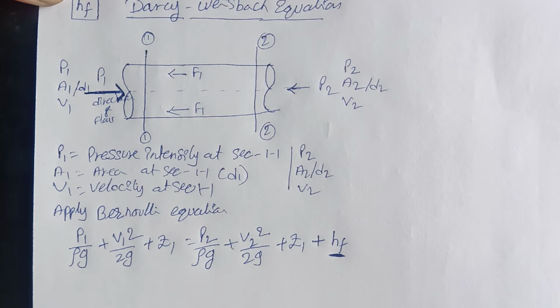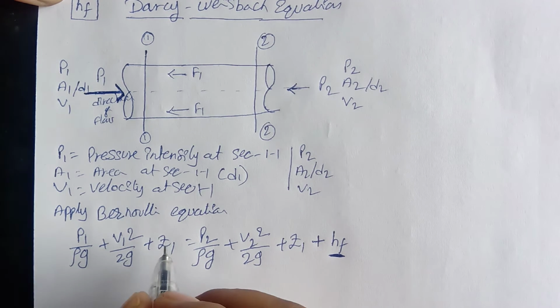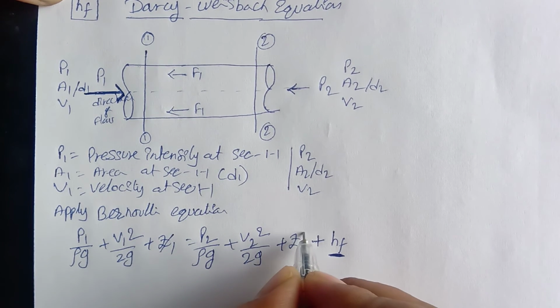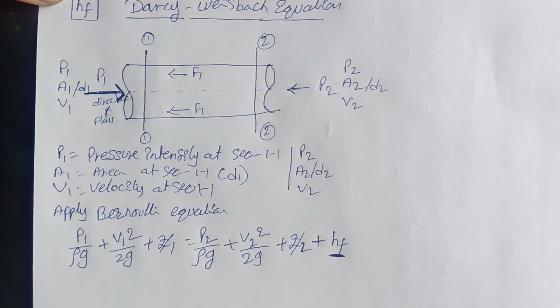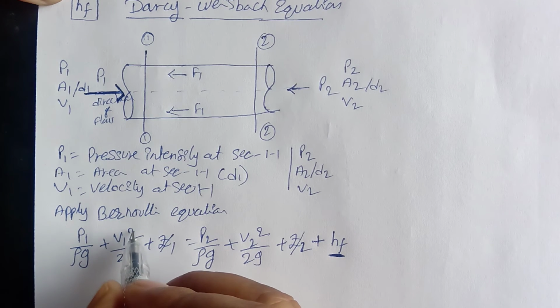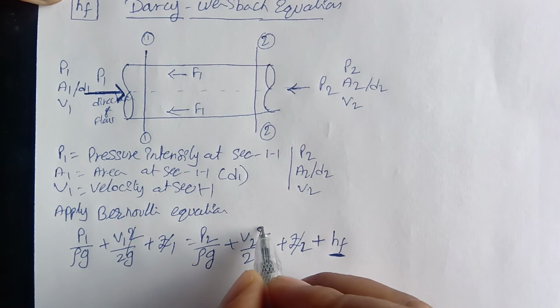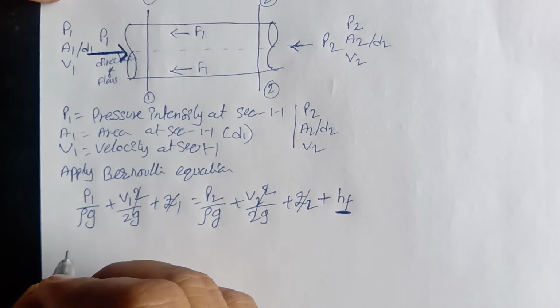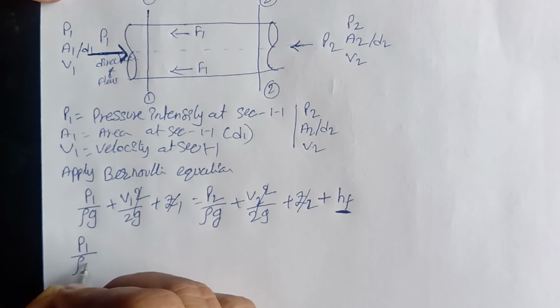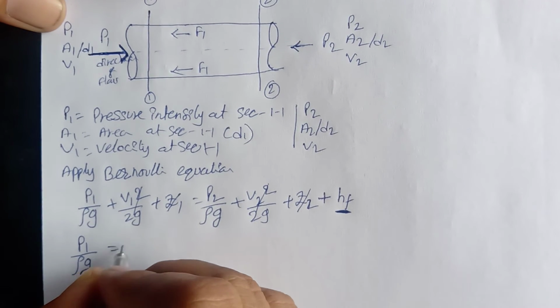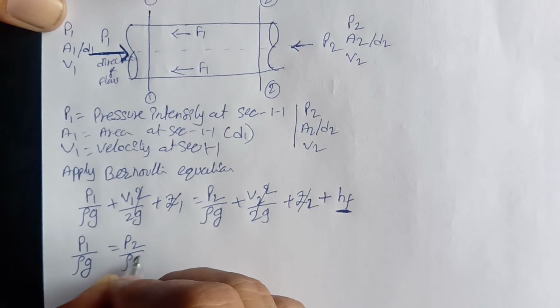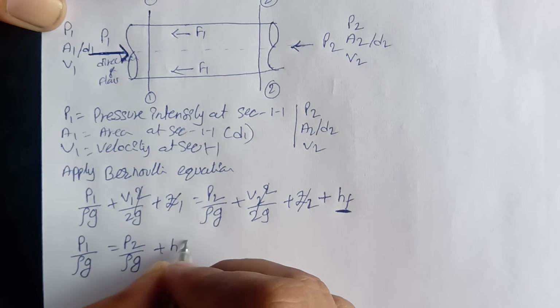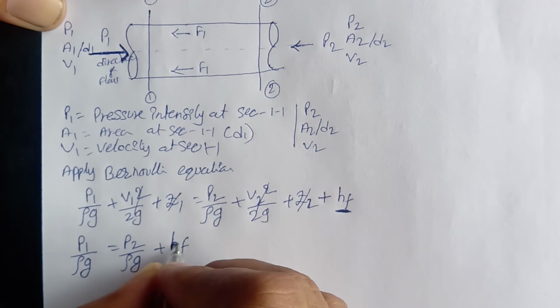Since the pipe is horizontal, the datum heads Z1 and Z2 will cancel. Since the area or diameter is the same, the velocity V1 will be equal to velocity V2. Now what are we left with? P1 by rho g is equal to P2 by rho g plus HF.